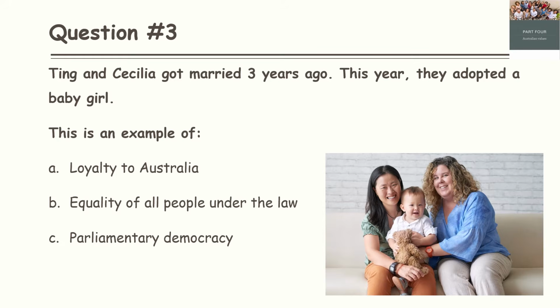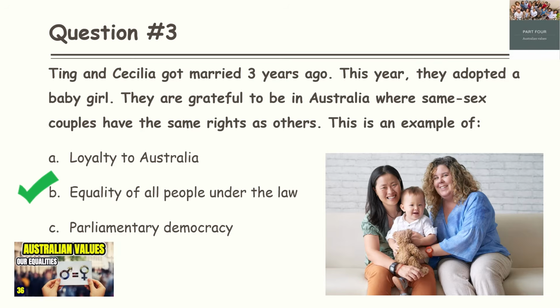This is an example of A. Loyalty to Australia, B. Equality of all people under the law, C. Parliamentary democracy. B. Equality of all people under the law.